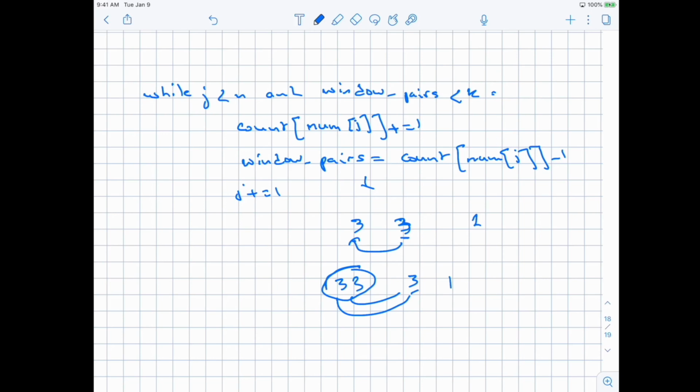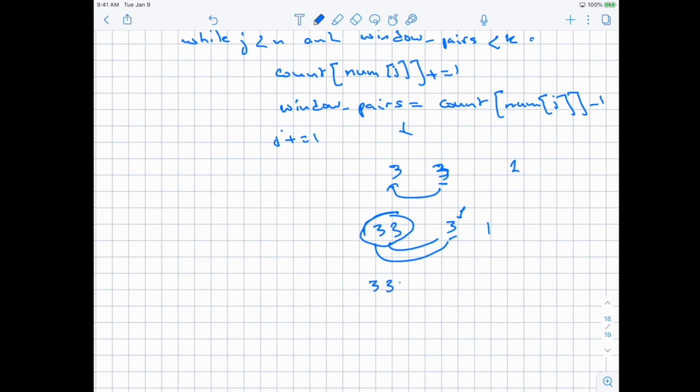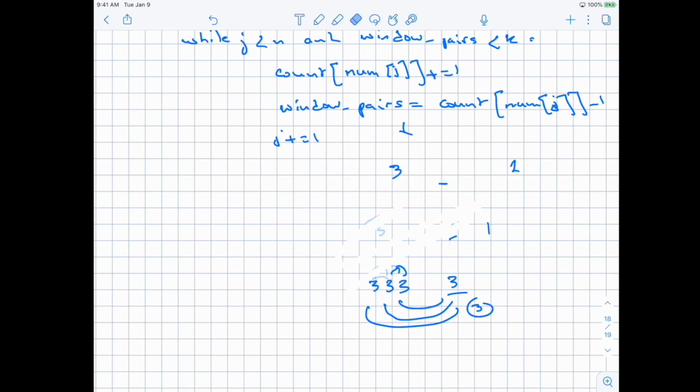The count is 3, but the new number adds only the count minus 1. The pairs between themselves already existed from the previous iteration, right? So we add only the count of the number at position J minus 1, okay? That's an important point to understand.